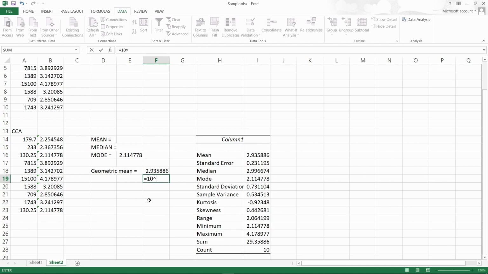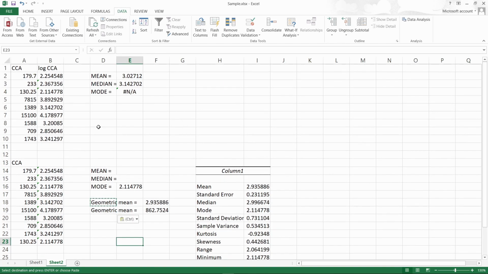This is log 10, so base 10 of this. So this is the geometric mean for the distribution here. This is how you can use Excel to calculate the mean, median, mode, and also geometric mean of your data. Thank you very much.